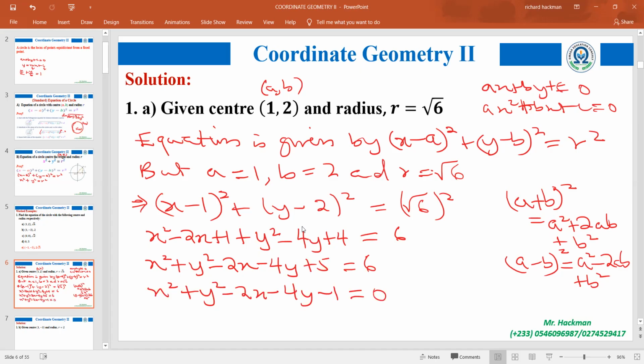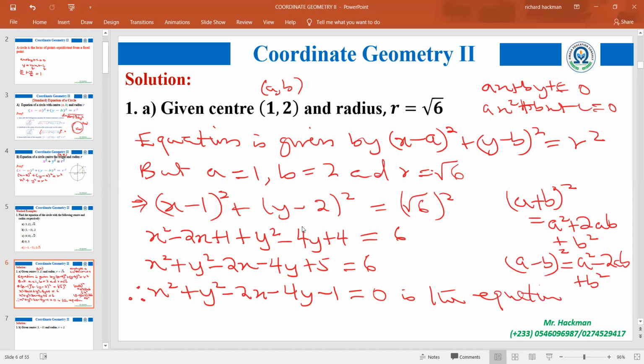Is that clear? Yes, please. So I then draw my conclusion. You can move a step further before you draw your conclusion, or because it will be a repetition, you draw your conclusion here. Therefore, this is the equation. Is that clear?